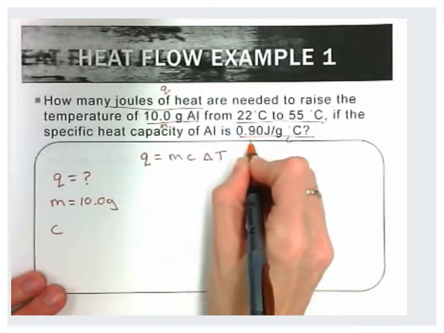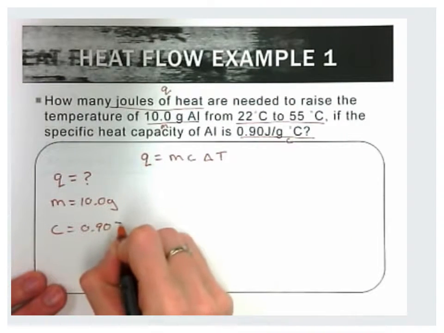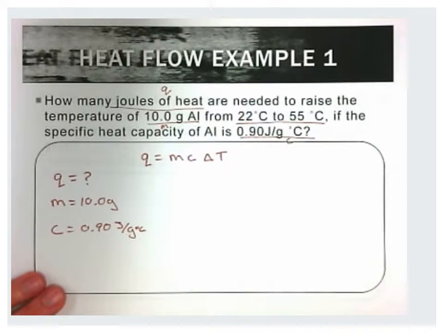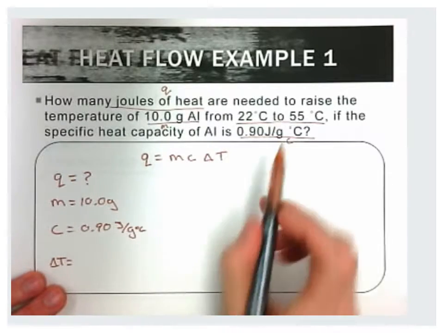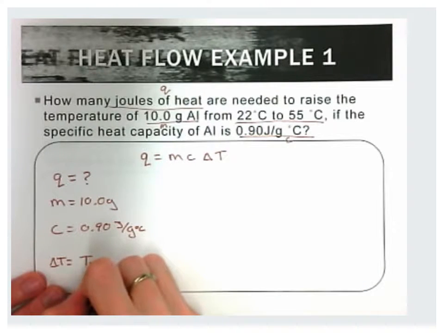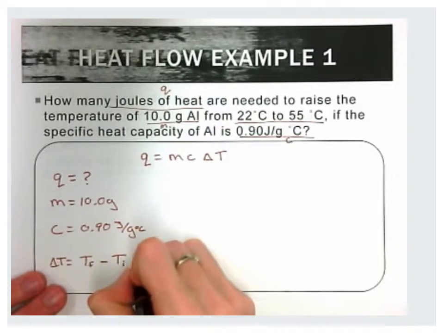C is 0.9 joules per gram degree Celsius. And delta T is your change in temperature. So it's T final minus T initial.